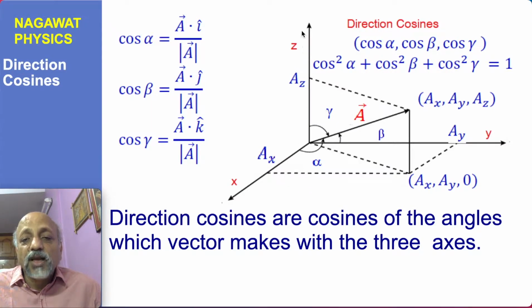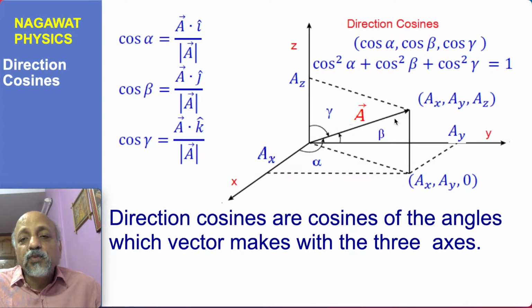But the sense of direction of the z-axis is taken positive by the right hand screw rule, which was defined yesterday: if you rotate a right-handed screw from x to y, then the direction in which the screw advances would be the positive direction. So by holding it normal to the xy plane, if you rotate a screw, the direction in which it will advance is taken as the positive z direction. So that is the definition.